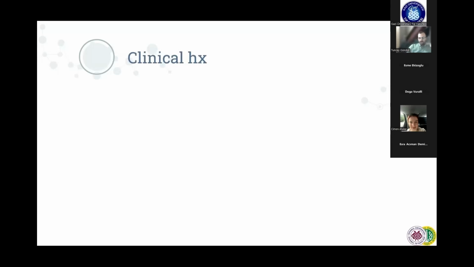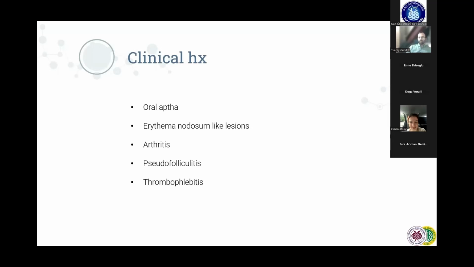But we tried to deepen the history, and we revealed some oral aphthae, though not as frequent as we would expect in a Behçet's patient. He also had erythema nodosum-like lesions in the lower extremities in recent years, an episode of arthritis in the right knee joint, an episode of folliculitis, and one episode of thrombophlebitis.